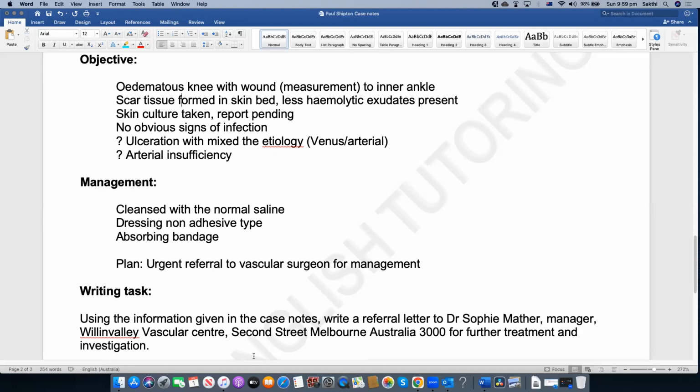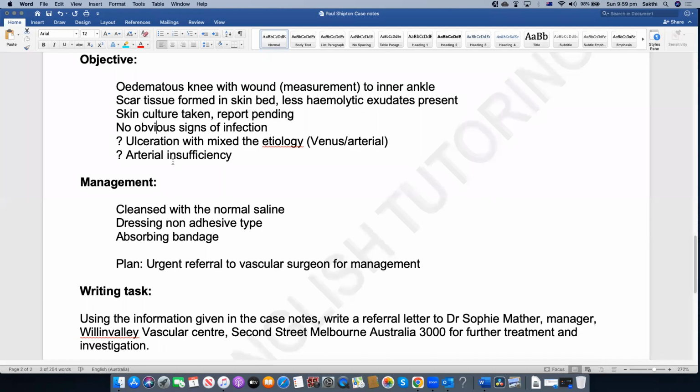Sir, I think skin culture is mostly taken in order to decide on antibiotics. So this can be included, but the report is pending, right? Skin culture has been taken, but the report is pending. So we have to highlight this. If it is pending, we have to tell that.